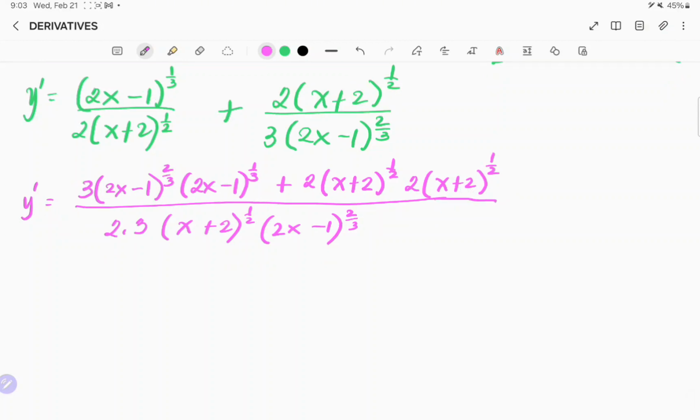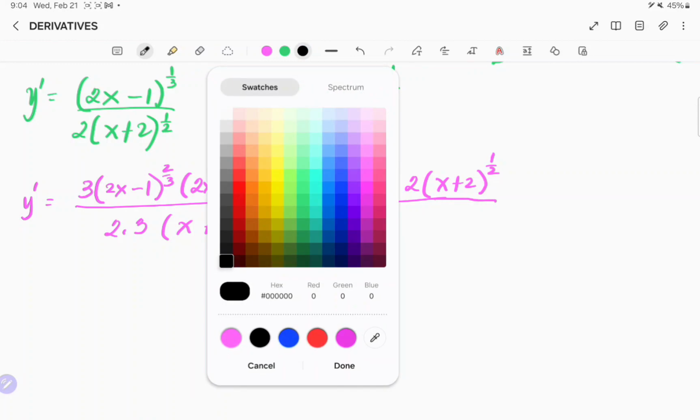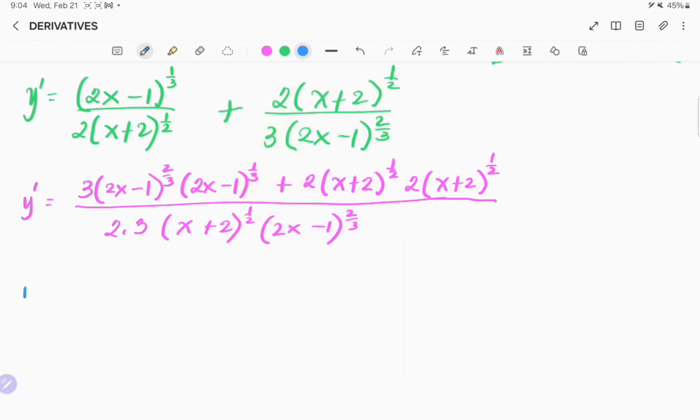And then we can see that we can multiply this and add the exponents, copy the same base. We can also multiply 2 by another 2 here, which is 4, and multiply this quantity to this quantity because they have the same base. We can add the exponents. So we have y prime is equal to 3 times 2x minus 1 raised to 2/3 plus 1/3, which is 3 over 3 or 1.